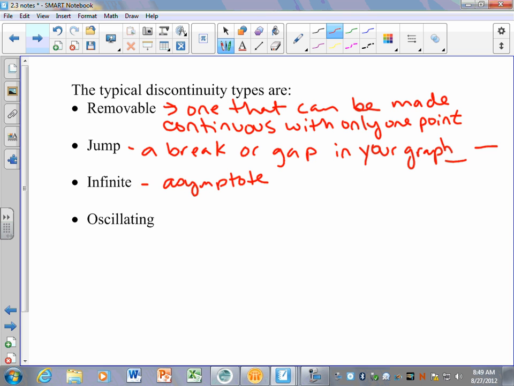A rational function has both. I might have to think about that one. I've never really thought about that before. The answer I can give you right now is that when we're talking about being discontinuous, we're talking about the domain values, which are the x values, which means we're talking about vertical asymptotes.